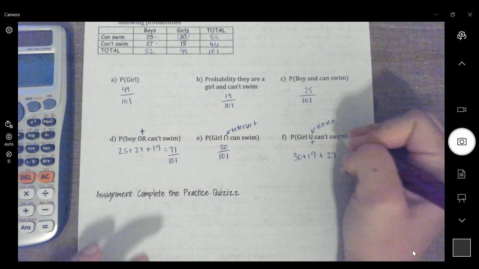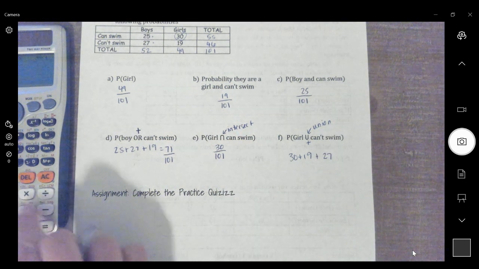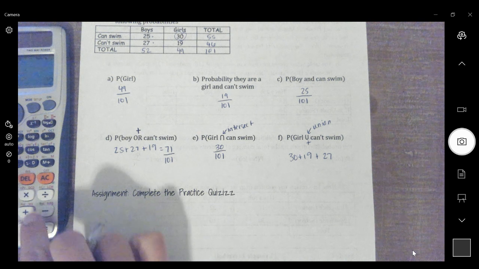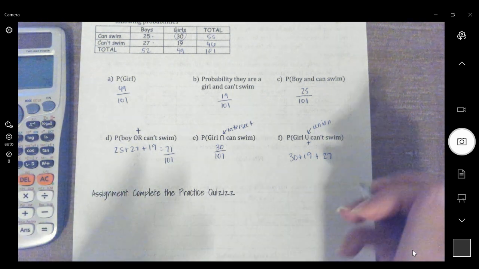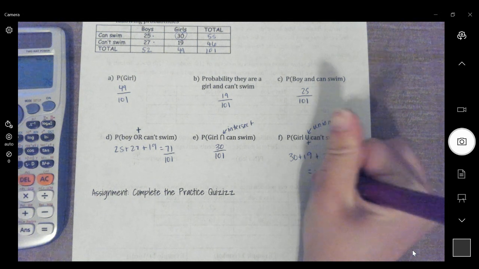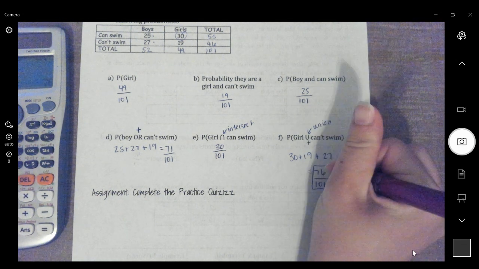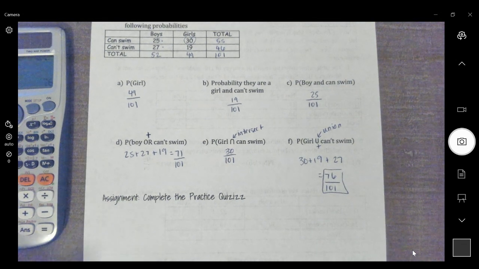So plus 27, and that gives me 76 out of the 101. So if it's union or, you add together. Otherwise, you just read through the table and find where they intersect.